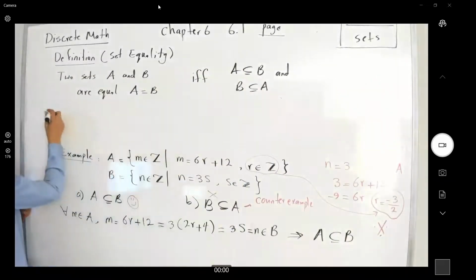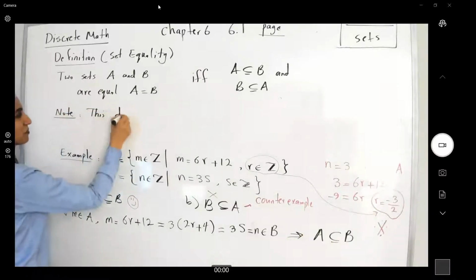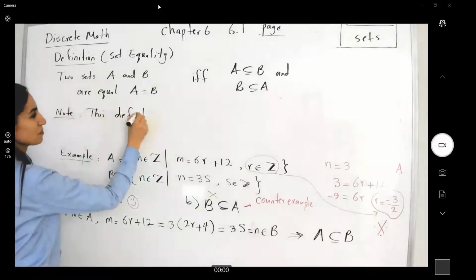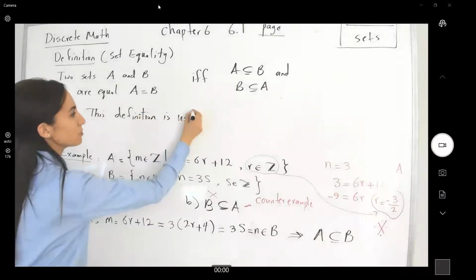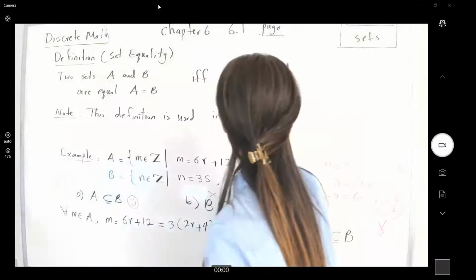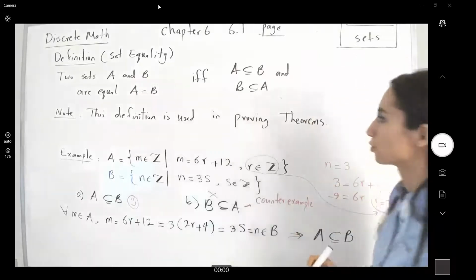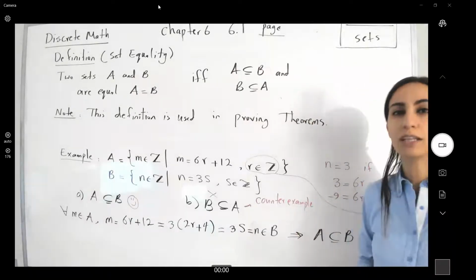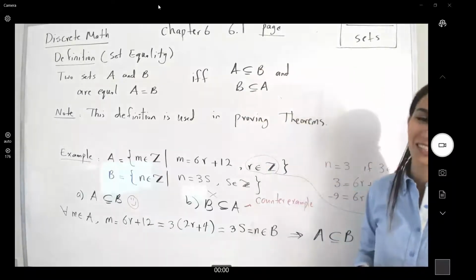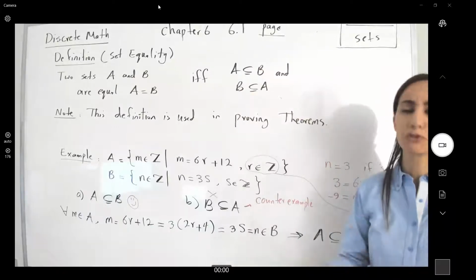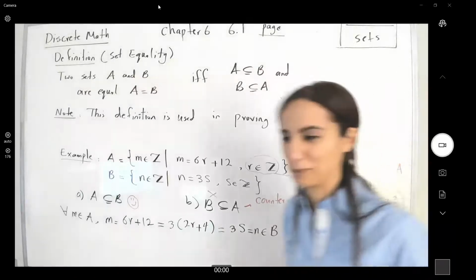So note for you, this definition is used in proving theorems. When you try to prove a theorem about equality between two sets, and we try to use the very first method, that was direct proof, proof by definition, this is the definition that you need to apply.